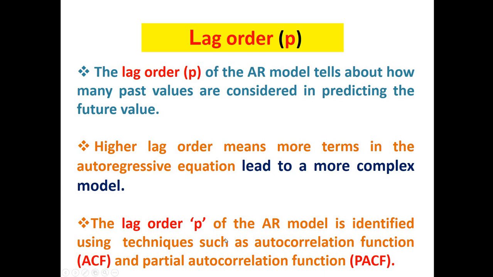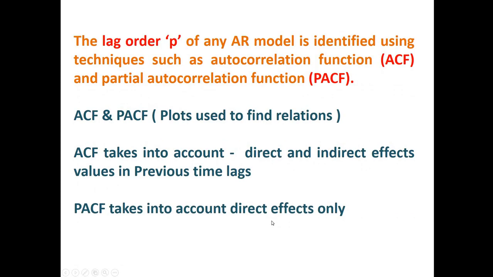You have to shorten it as much as possible, and it should also be significant. To do that, you have to come up with a lag order P, which is decided using two techniques called the autocorrelation function ACF and the partial autocorrelation function PACF.